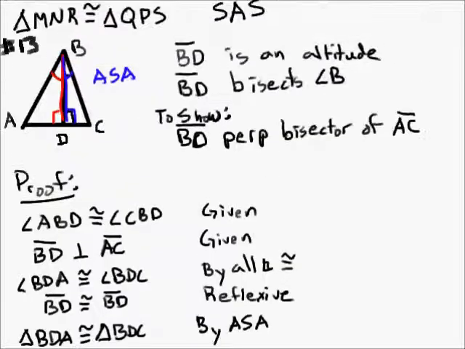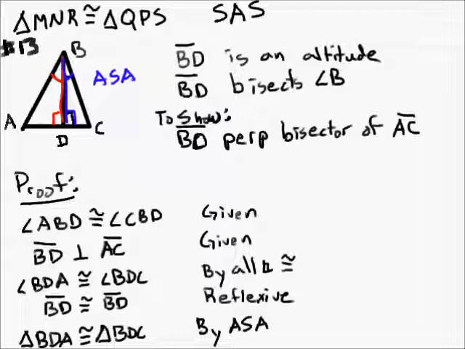Big whoop. How's that get us perpendicular bisector? Well, two points are on the perpendicular bisector of a line segment if and only if they're equidistant from the endpoints. So that means we need to show, this is a good thing to write down, what you want to get. We need perpendicular bisector.